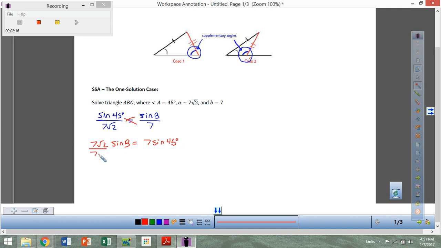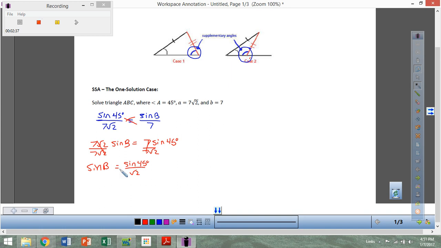If I divide by this 7√2, I end up with the sine of B is equal to, I'm going to go ahead and cancel those. It's going to give me the sine of 45 degrees divided by the square root of 2. I'm going to go ahead and evaluate this without the use of a calculator for right now.